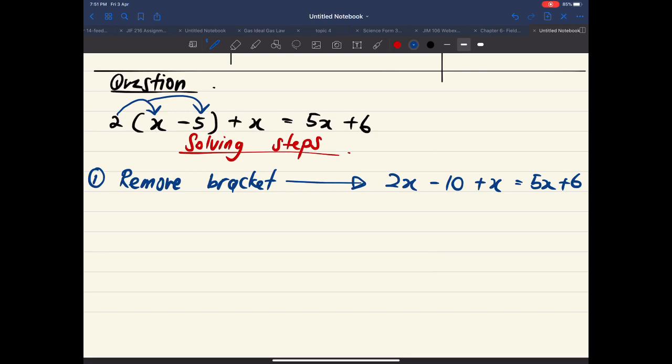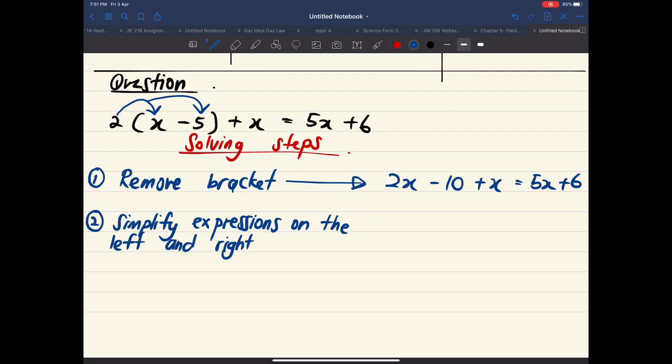Okay, secondly, you simplify expressions on the left and right sides.